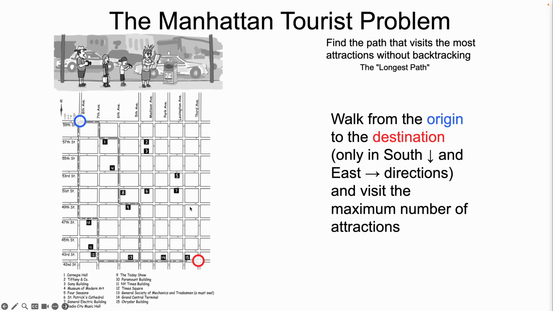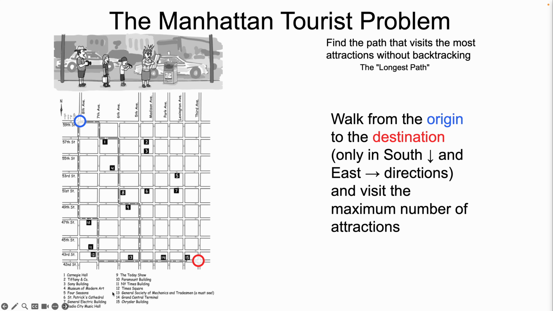So how can you get through Manhattan and see the most interesting stuff? Okay. So we're walking from the origin, which is the blue circle, to the destination.